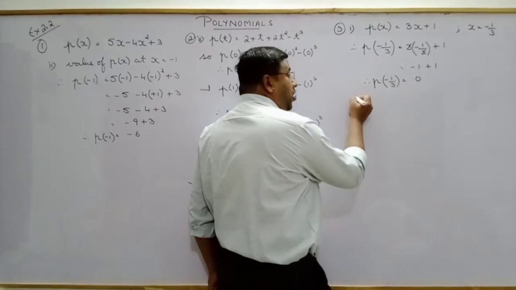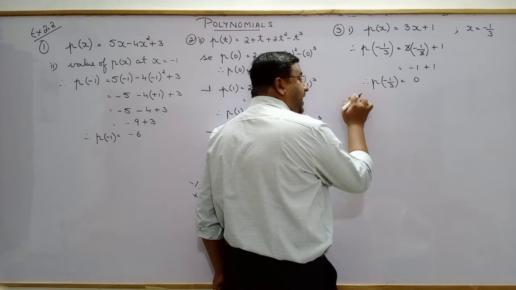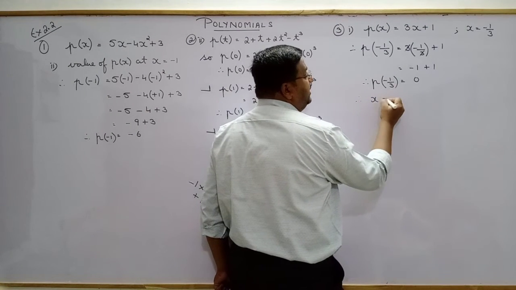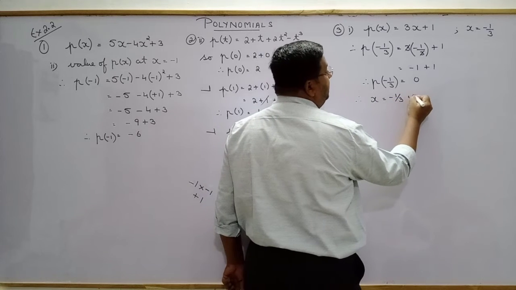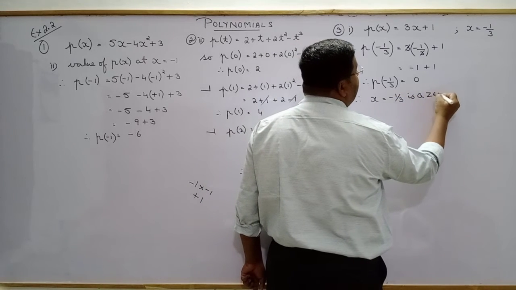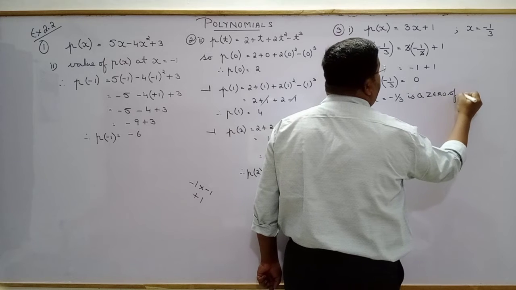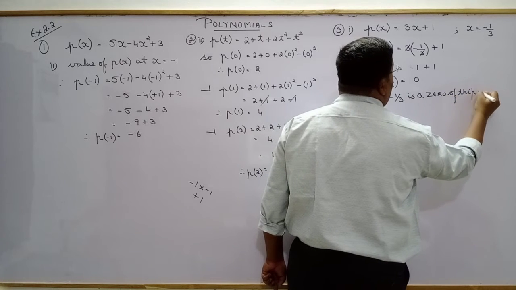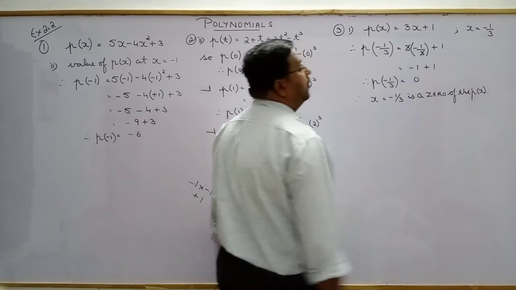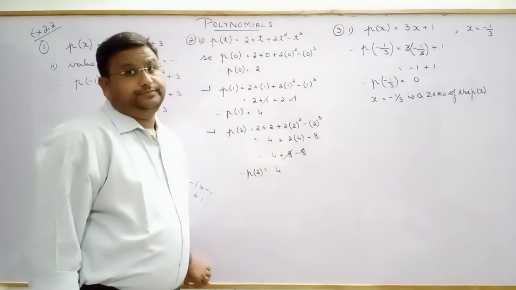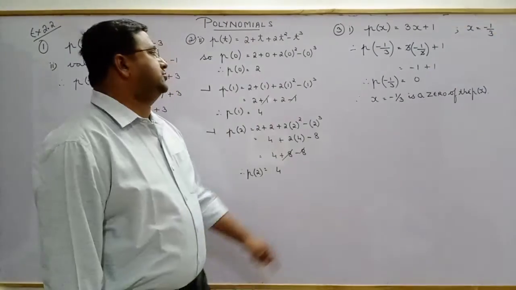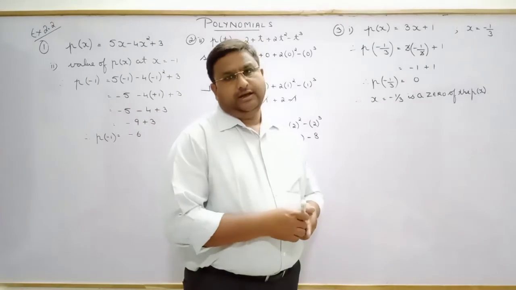So therefore x equals minus 1 by 3 is a zero of the polynomial. When we substitute the value and get 0, then we say it is the zero.